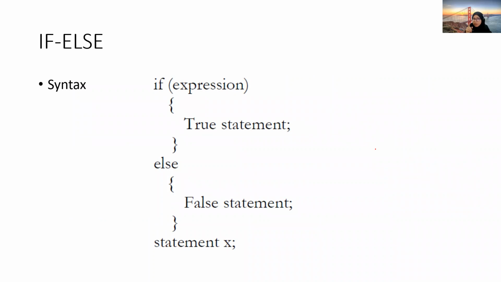Kalau dia betul, maksudnya dia akan evaluated, dia akan consider the statement dan juga statement yang lain. Tapi kalau dia salah, kalau dia palsu, statement yang dekat condition tu tak akan evaluate, tapi statement lain masih diambil kira.